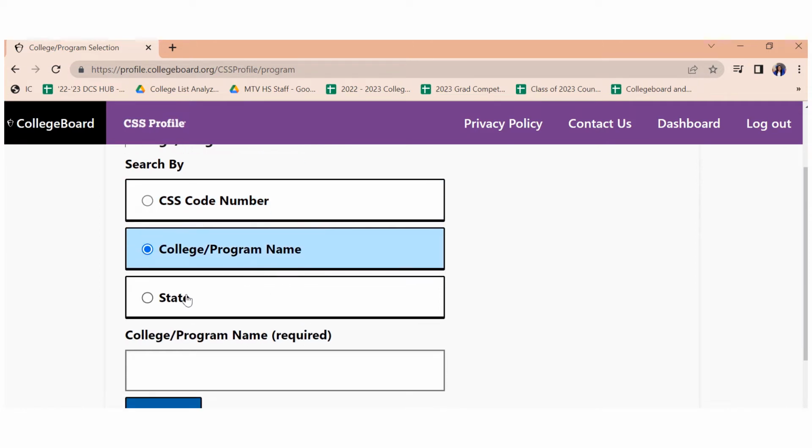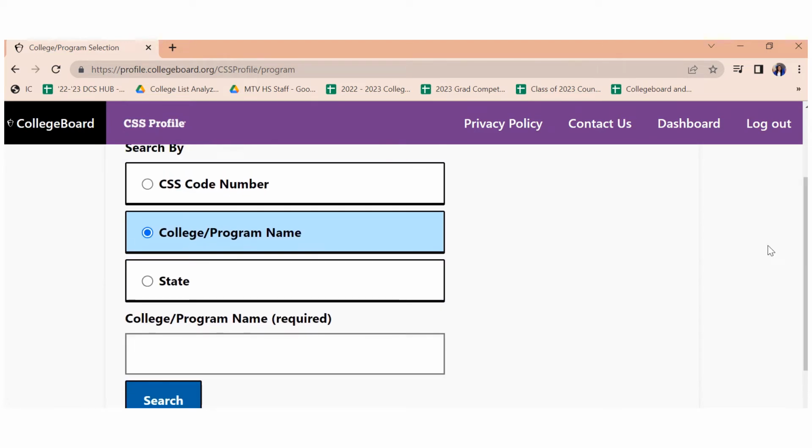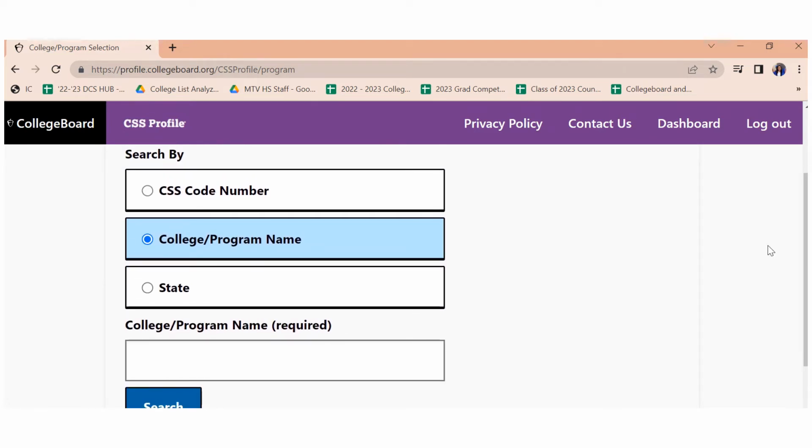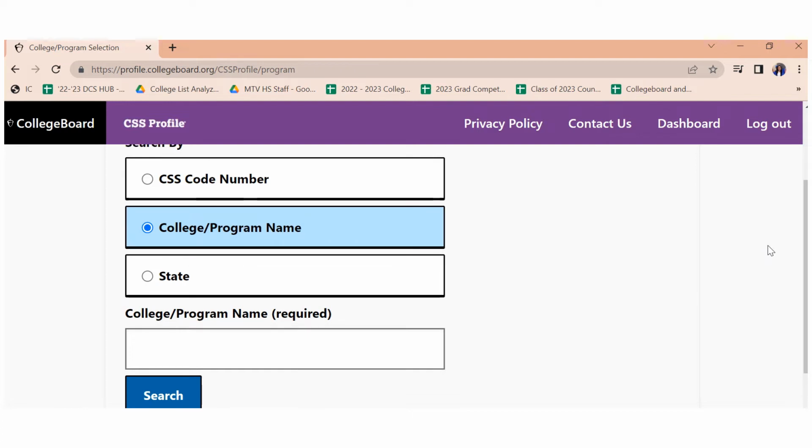You can also search by state, but please remember that not every school requires this. You can actually look up a list of schools that require the CSS profile if you are not sure. But the CSS profile is used by private institutions to identify how much institutional need-based aid they will give the student.